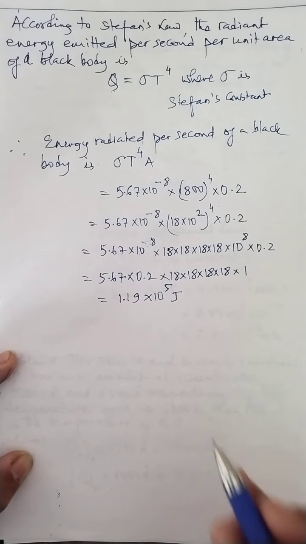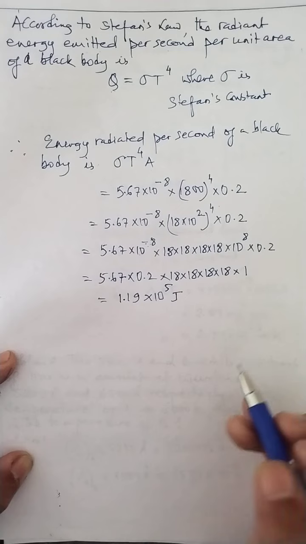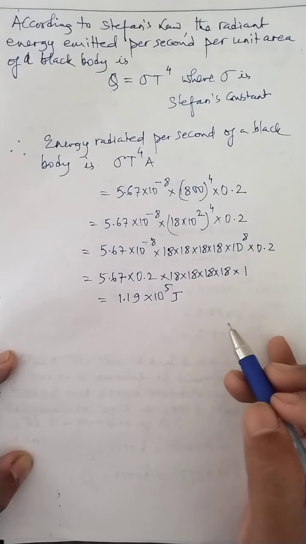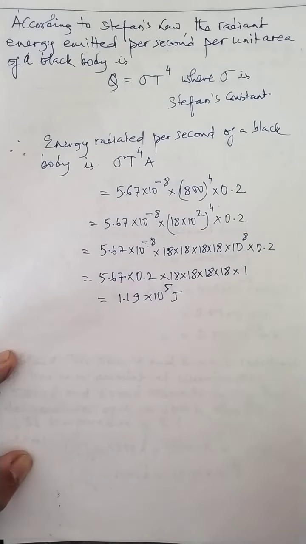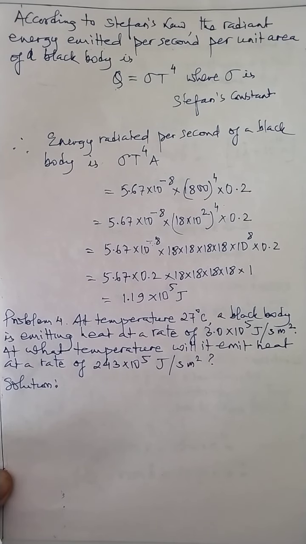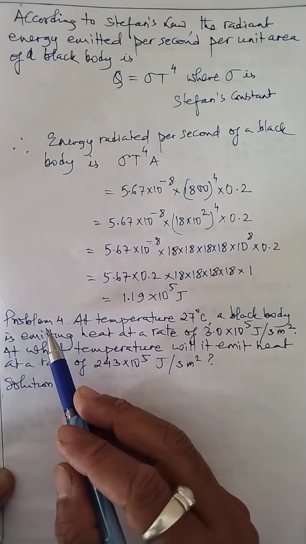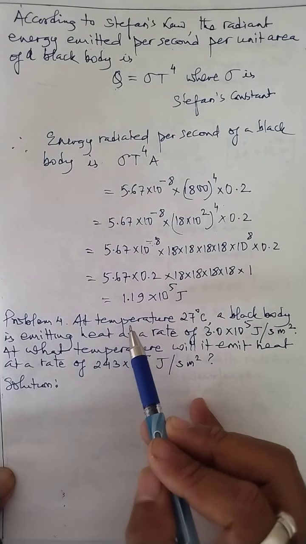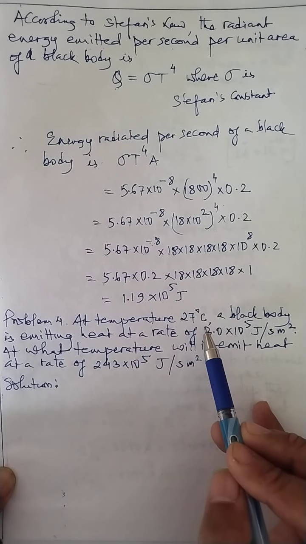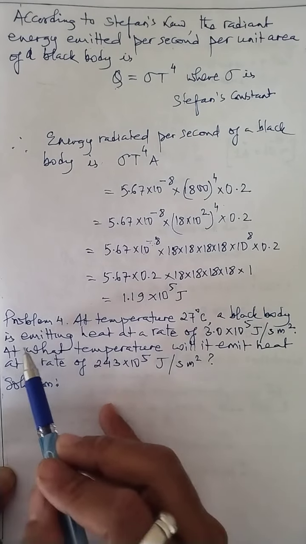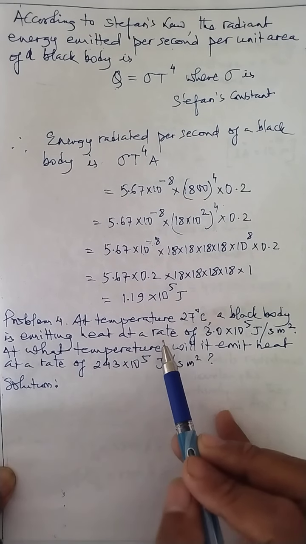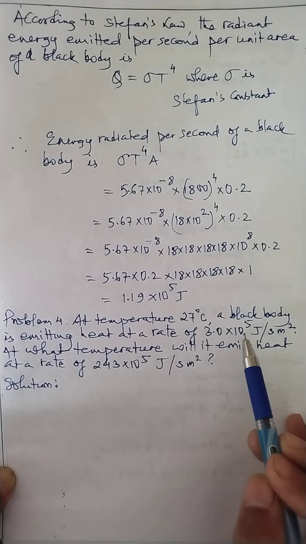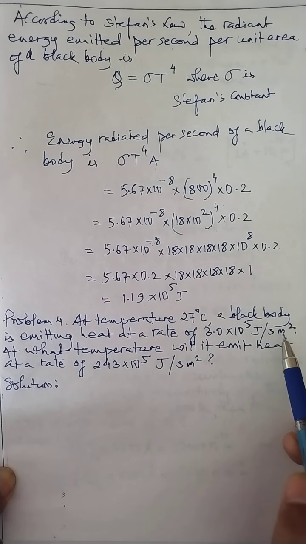Now this is problem number 3. Now I'll be solving the next problem, that is problem number 4, and that is also based on Stefan's law. Children, problem number 4 now we are going to solve, and this problem says that at temperature 27 degrees Celsius, a black body is emitting heat at a rate of 3 into 10 to the power 5 joule per second meter square.